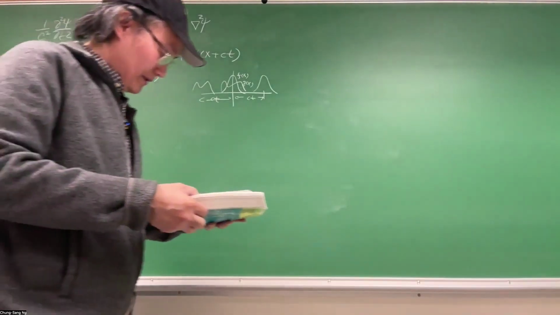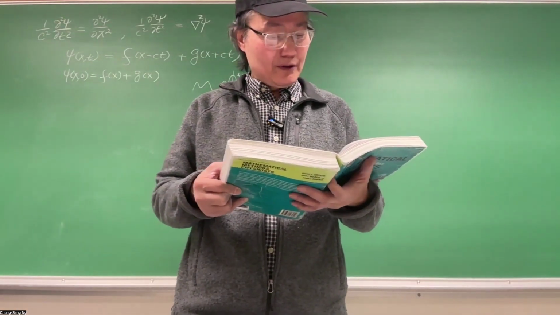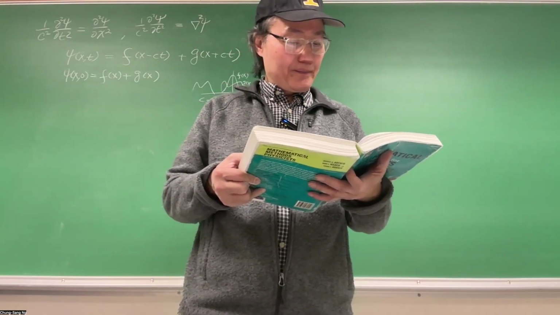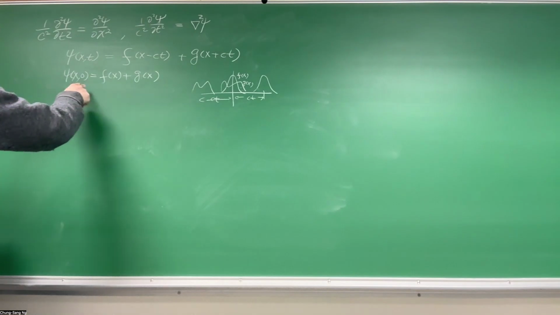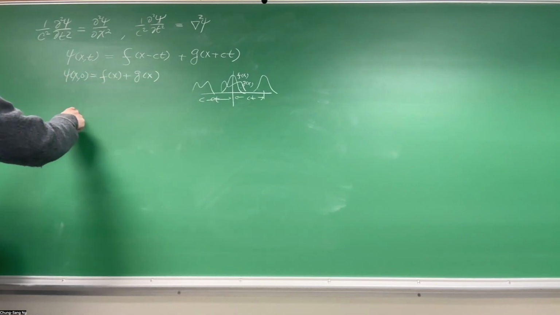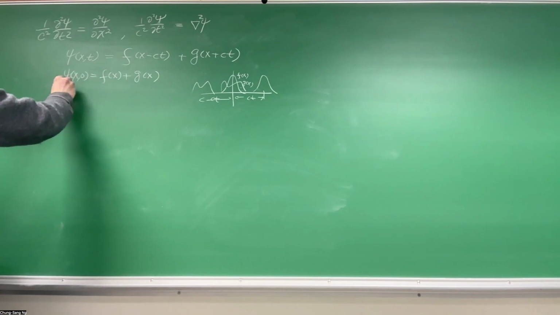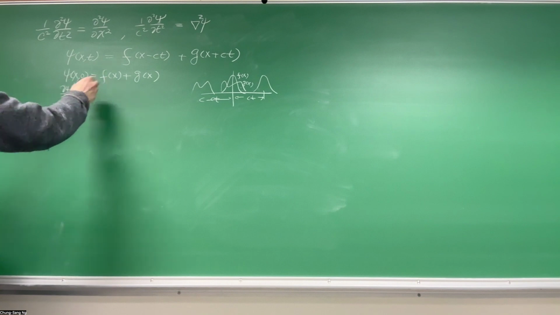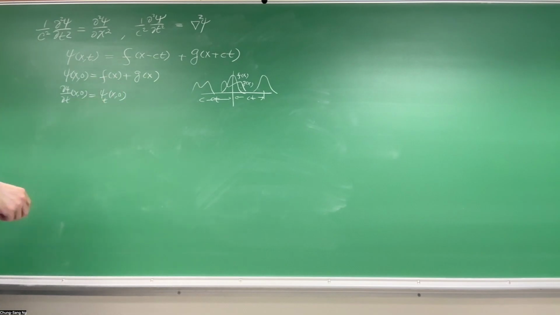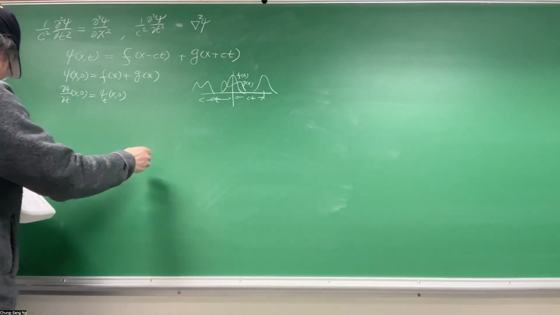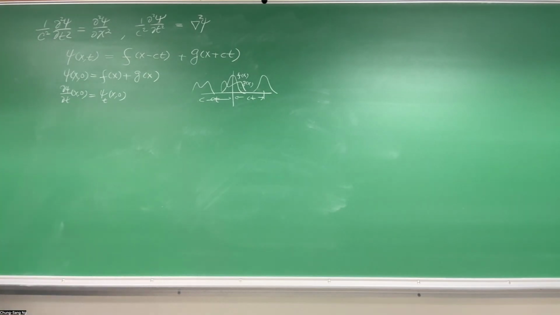And then the text will also present a general form of the solution given the initial conditions: ψ at t equals 0, and partial ψ, partial t at t equals 0. You might as well write it ψ_t(x,0), and that is given by whatever function, assuming this is a given function form.